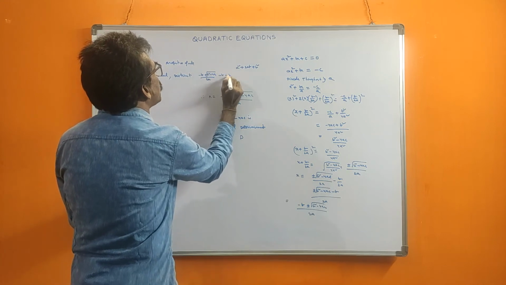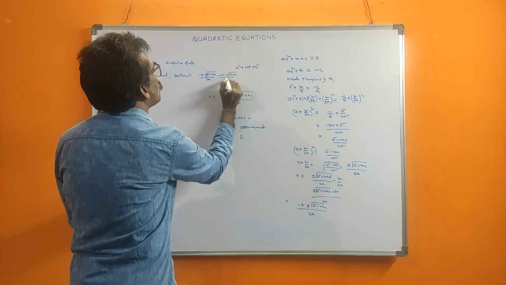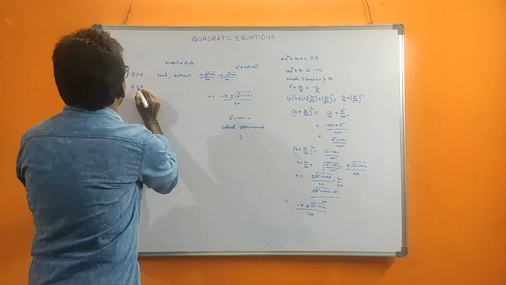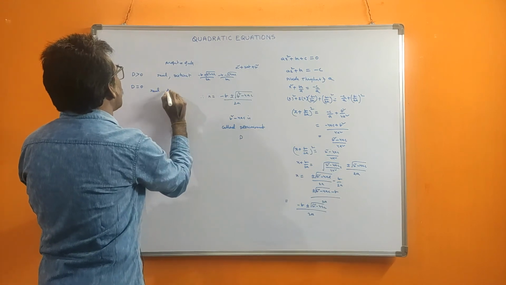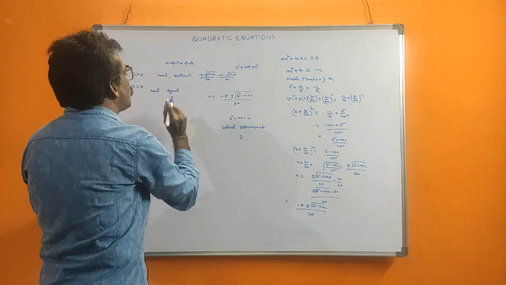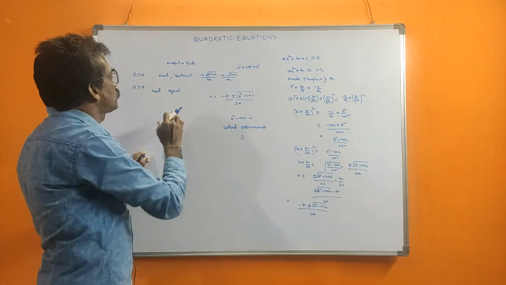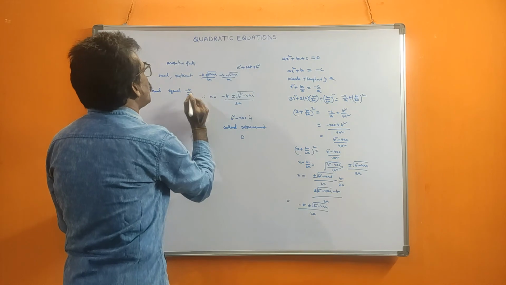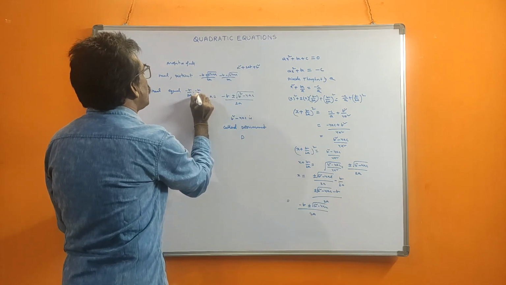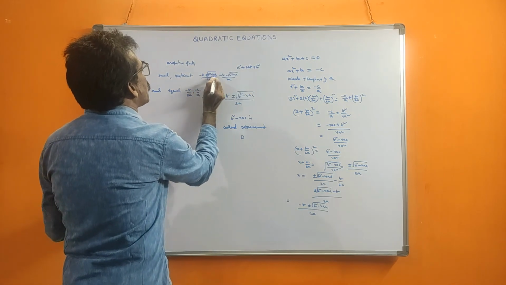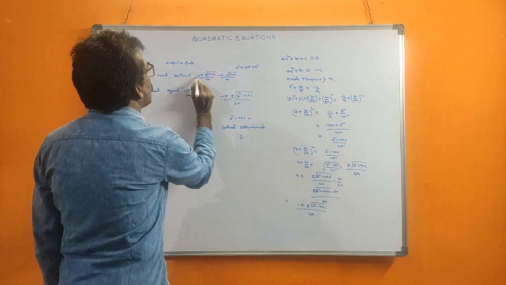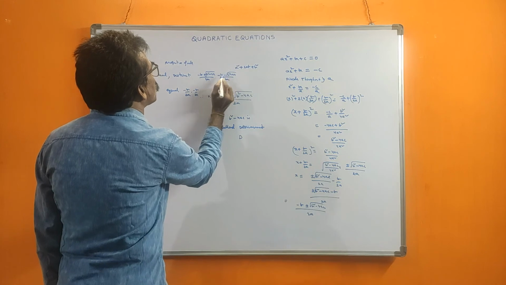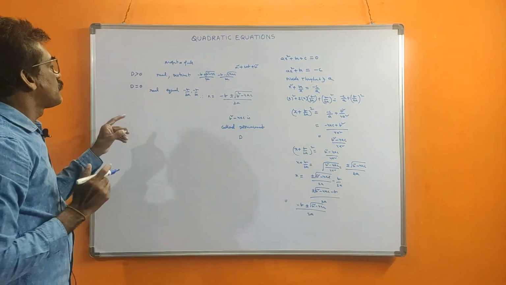Now suppose D is equal to 0; then also the roots are real, but equal values will come. That is minus b by 2a, comma, minus b by 2a. Why? Because b square minus 4ac becomes 0, so what is left is minus b by 2a in both. So two equal values will come.